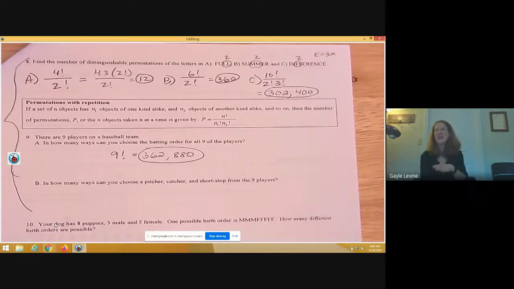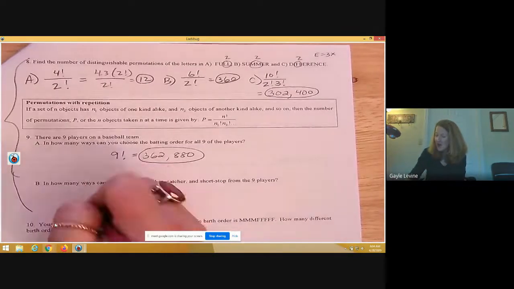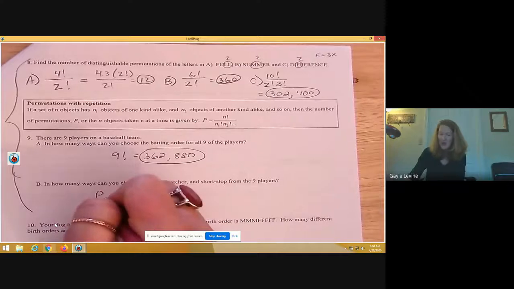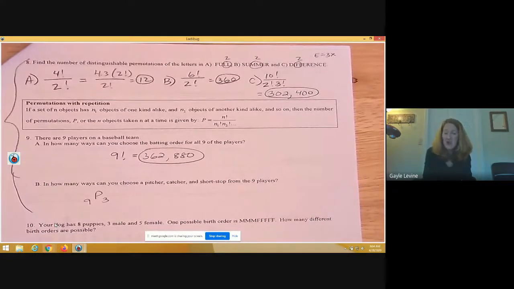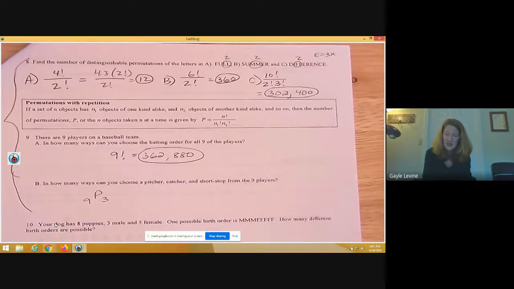If you are a baseball player, yes, people can play multiple positions, but if you are not a baseball person, each one requires significantly different skills. We're trying to arrange our team with those 3 positions. Because of that, this is going to be a permutation. The order or positioning matters. That is why it is a permutation.